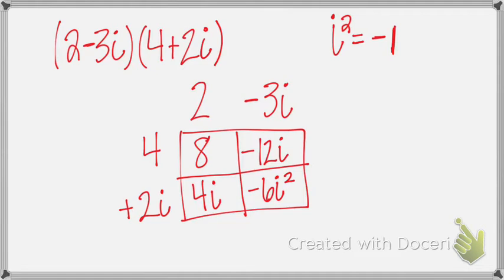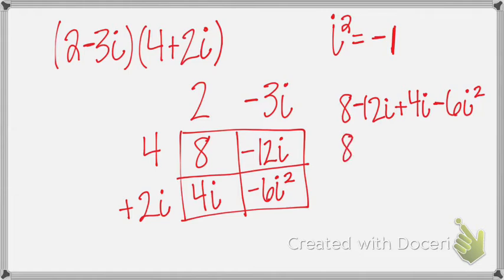So if we write this out, we've got 8 minus 12i plus 4i minus 6i squared. Okay? Anytime you see i squared, what do you have to plug in? Not a 1, but a negative 1, because i squared equals negative 1. So we've got 8. If I combine negative 12i and positive 4i, I get, what?